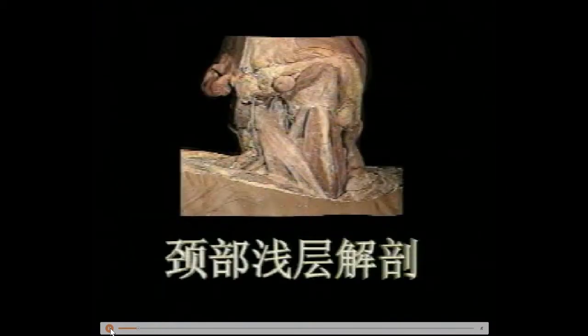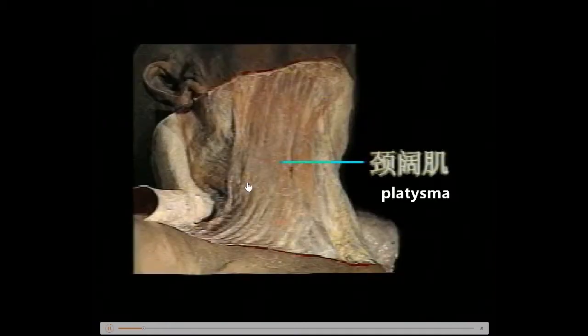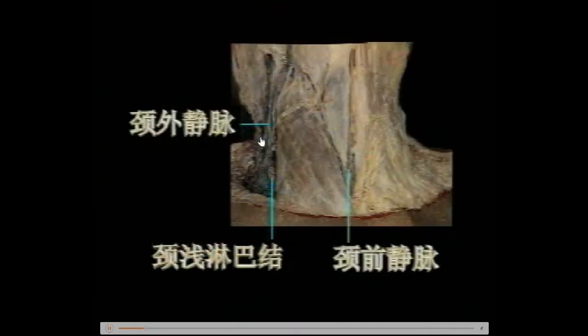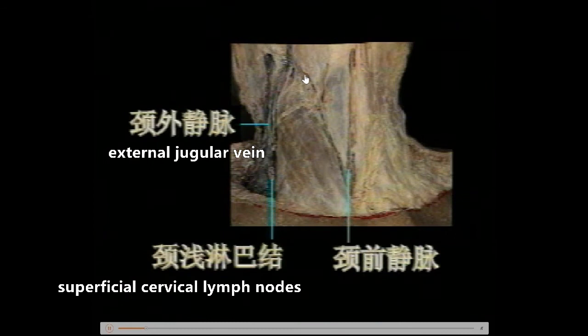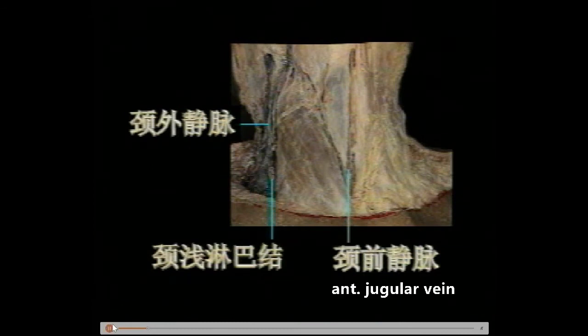The superficial structures of the neck. This time is to expose the superficial structures in the neck. It includes the platysma, this muscle, and the external jugular vein, anterior jugular vein, and the superficial cervical lymph nodes.